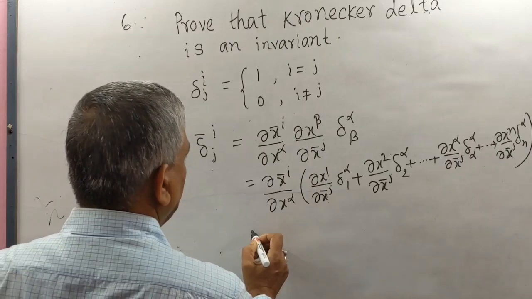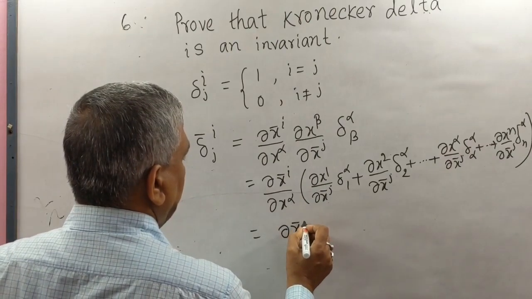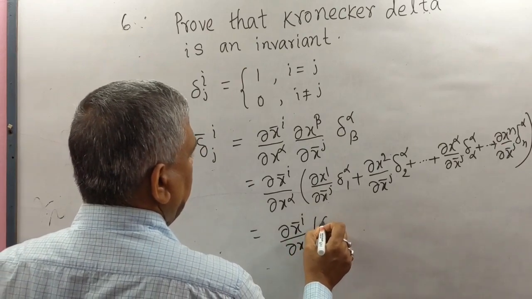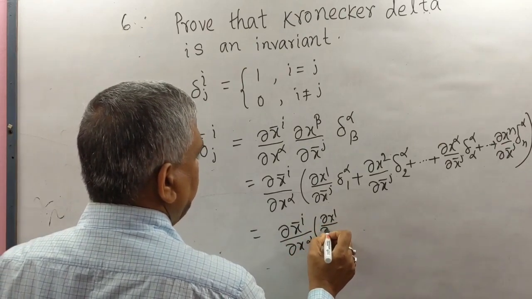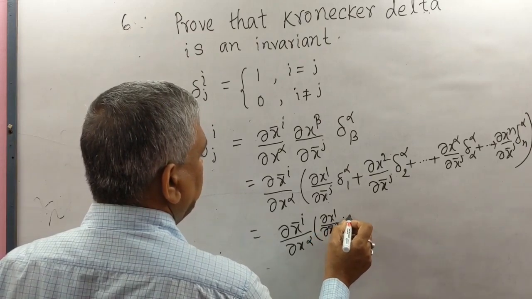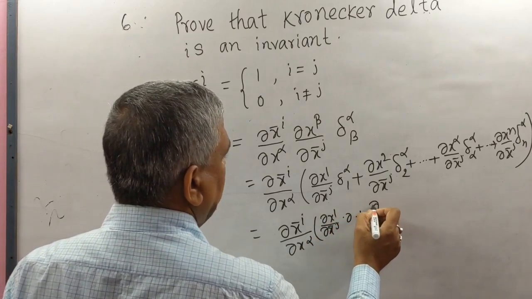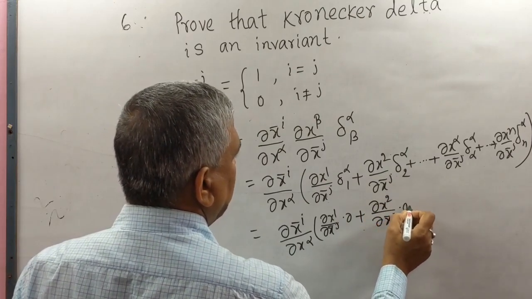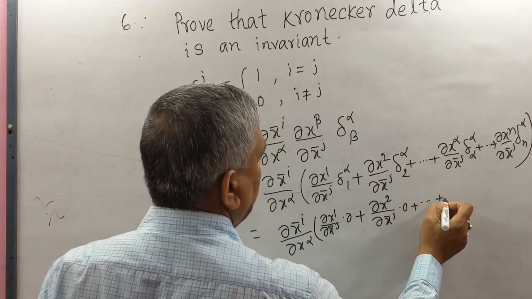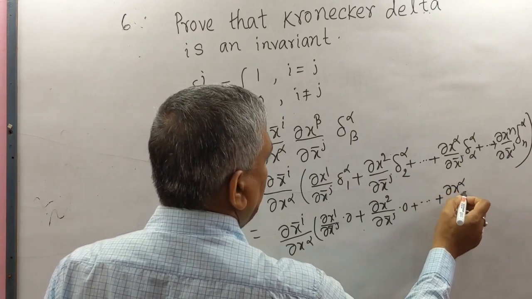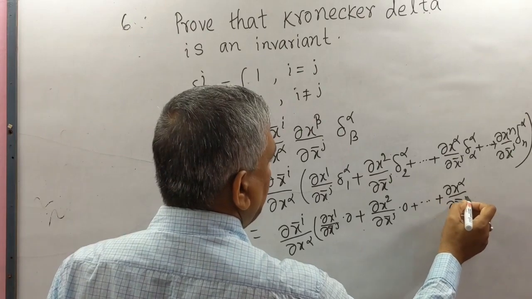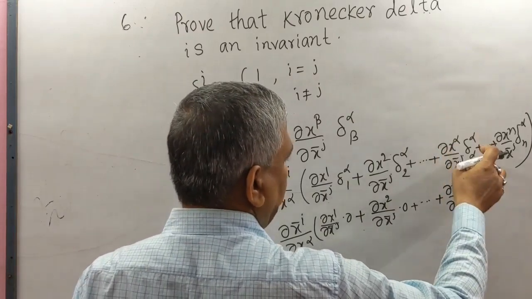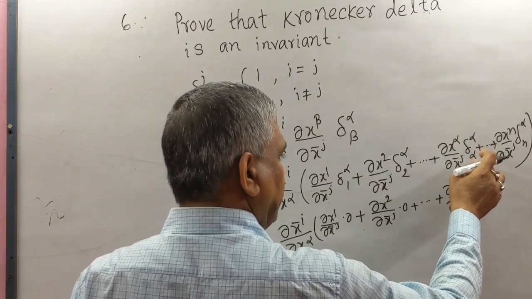So we write del x bar i by del x alpha, del x1 by del x bar j into 0 plus del x2 by del x bar j into 0 plus dot dot dot del x alpha by del x bar j into 1. It is a particular term, not a variable, so alpha is a particular value.